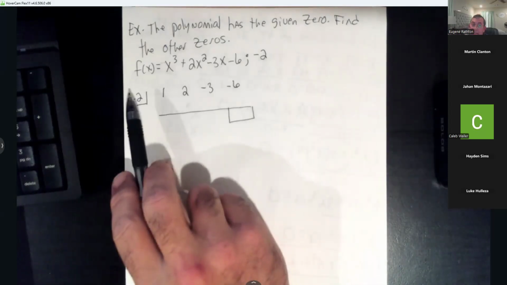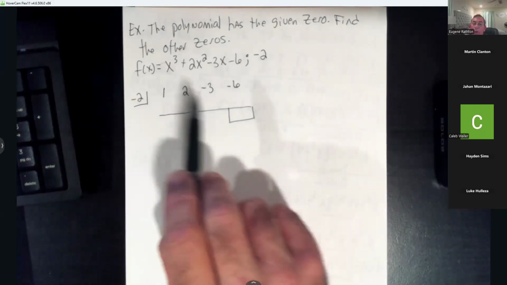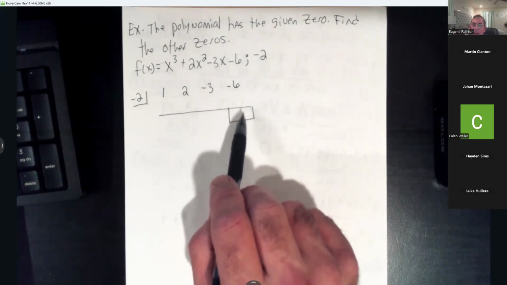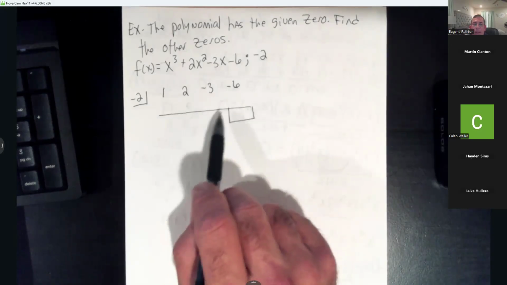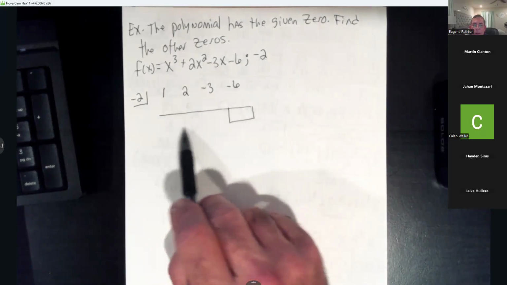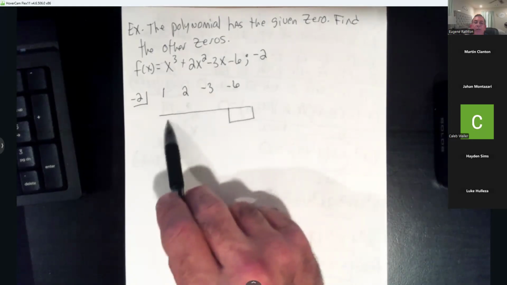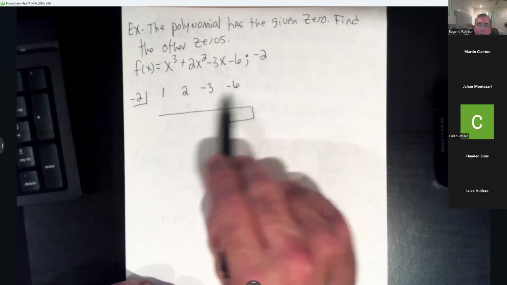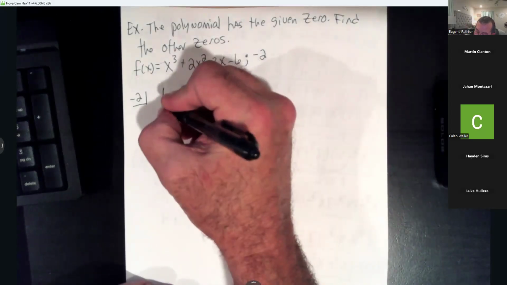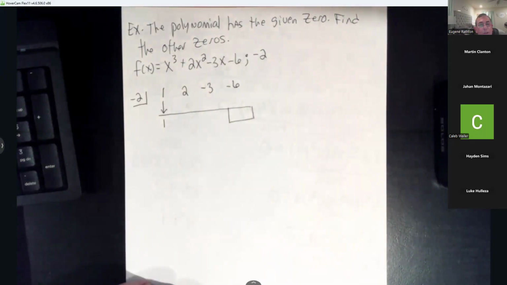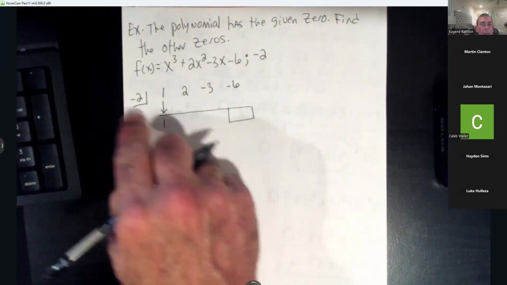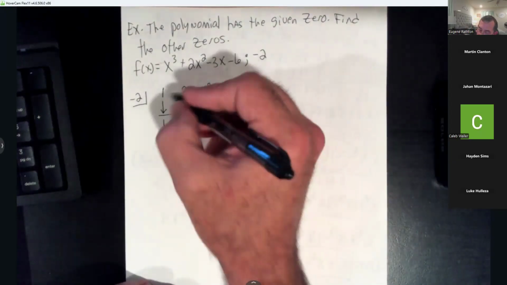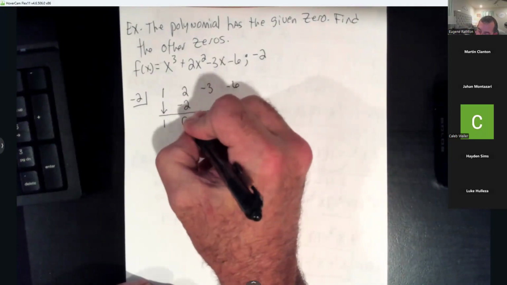Since negative 2 is a zero, when we're done doing synthetic division, we better get a zero here, okay? And then these numbers over here will be the coefficients of the new polynomial. So let's get this done first. In synthetic division, you bring the first number down. Then 1 times negative 2 is negative 2. 2 and negative 2, you add and get 0.